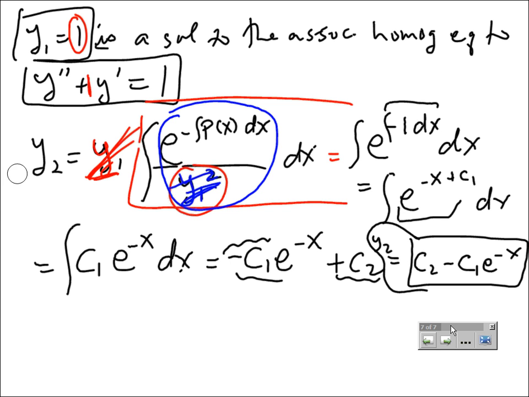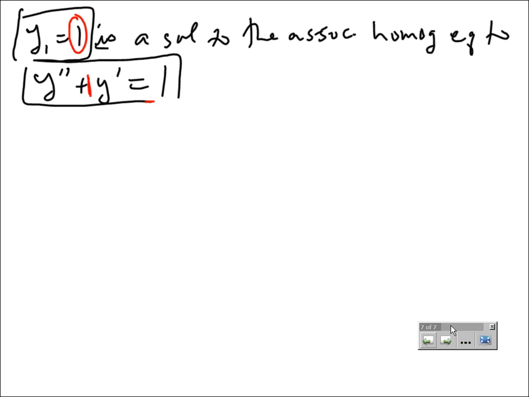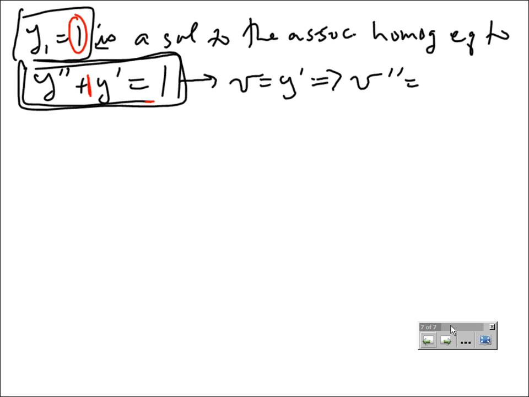Okay. Now we want to find a solution to the non-homogeneous. So we want to solve this equation right here. How about we just let v equal y prime, which will imply that v prime will be y double prime.